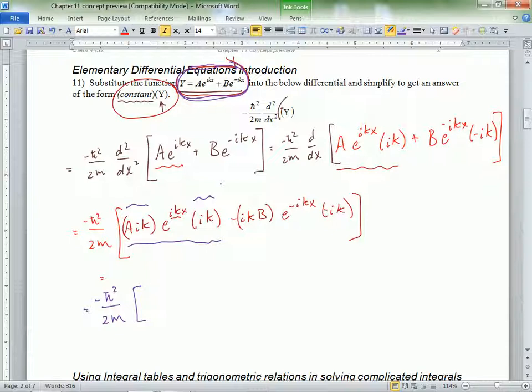So that would be a negative a k squared. We're using i as an imaginary number. Wouldn't that be a positive one then? Negative 1 times negative 1. The square root of negative 1 times the square root of negative 1 is negative 1. It's like the square root of 2 times the square root of 2 is 2.